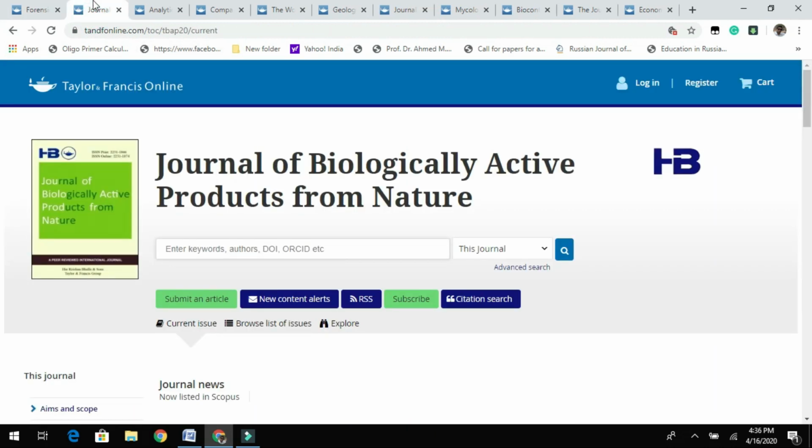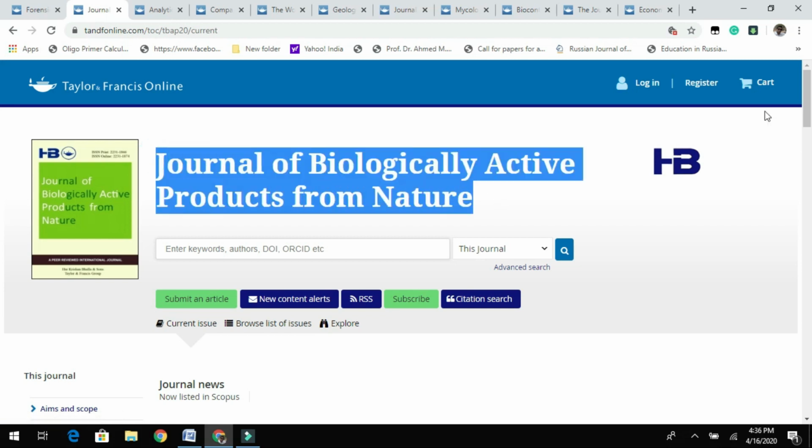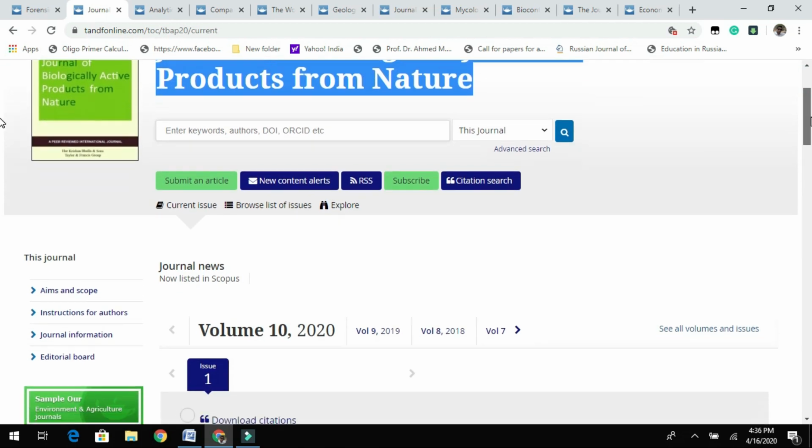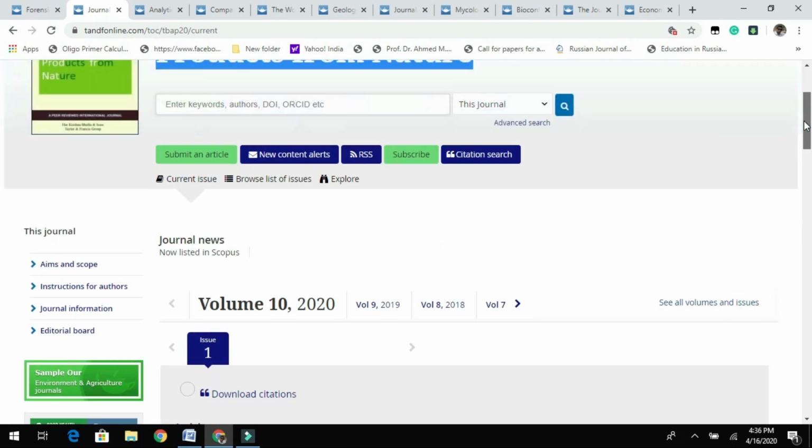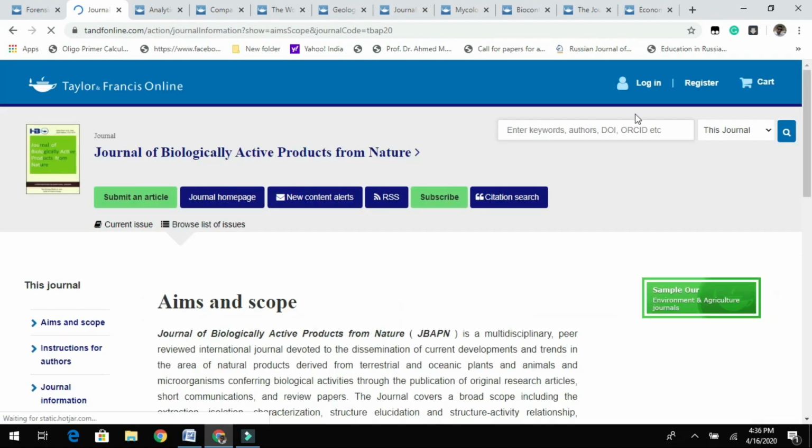So moving on to the next journal, Journal of Biologically Active Compounds from Nature. This is a journal published by Taylor and Francis, which is now listed in Scopus. Let us see the aims and scope of this journal.